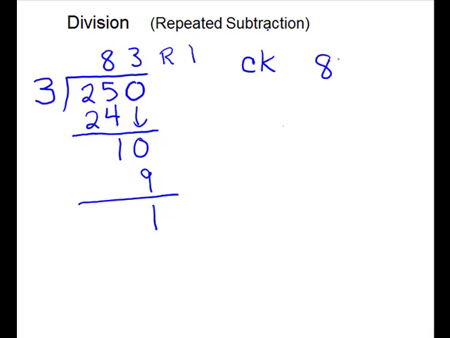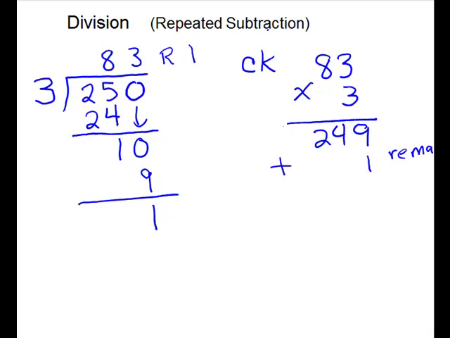So we're going to take 83 times our divisor. 3 times 3 is 9, and 3 times 8 is 24. And then we have to add back the remainder. And that will give us 250, which is our dividend.